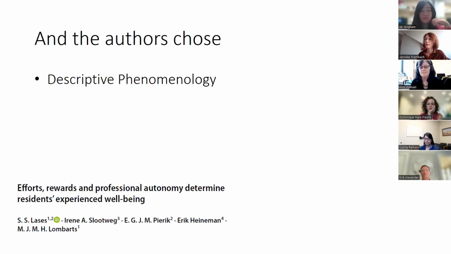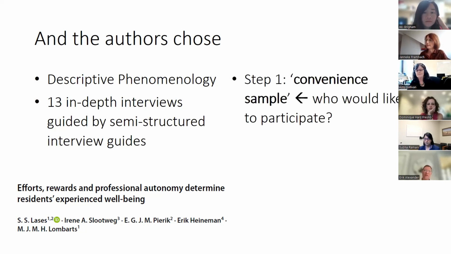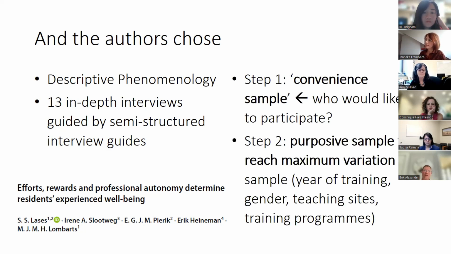So let me show you what the authors chose. They did a descriptive phenomenology where they had indeed 13 in-depth interviews guided by semi-structured interview guides. They started by asking who wants to participate and then continued by purposive sampling to reach maximum variation. And I think the reason why you named interviews is because they ask about how someone experiences something, and that happens inside of them, and you cannot necessarily observe that when you look at them.